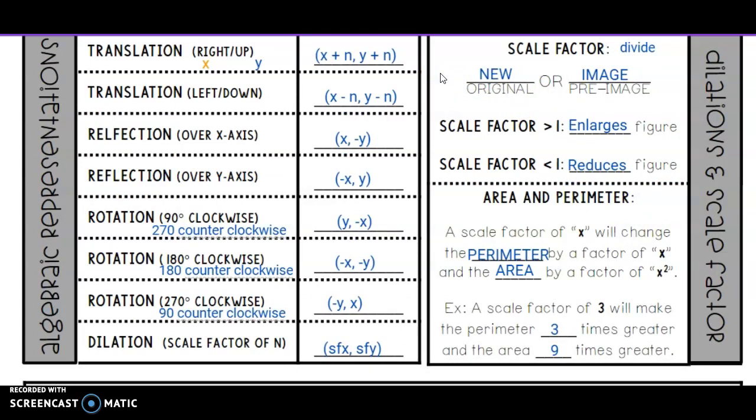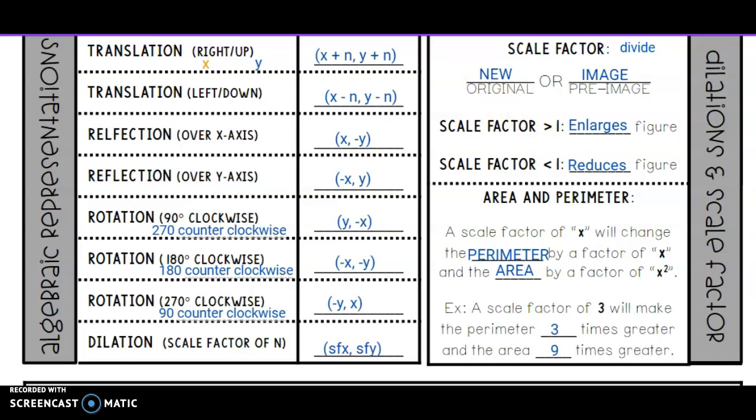You're going to take the x value of the new image and divide it by the x value of the pre-image or the original figure. It doesn't matter if you do the x value or the y value, but what does matter is that it's corresponding coordinate pairs. So let me know if you have any further questions about that.